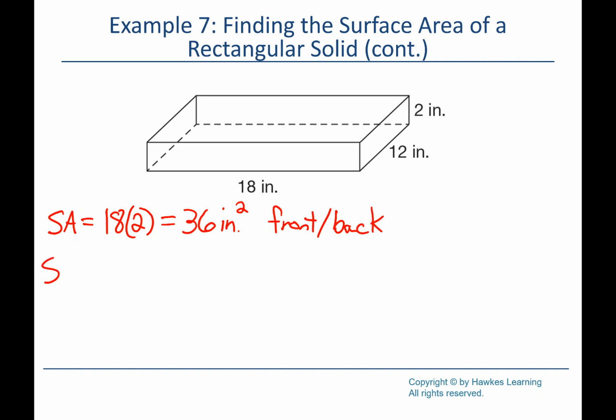Then we can do the left and the right. The right side's easier to see on the picture the way it's drawn. So the right side would be 12 inches by 2 inches. So 12 by 2, that's 24 square inches.